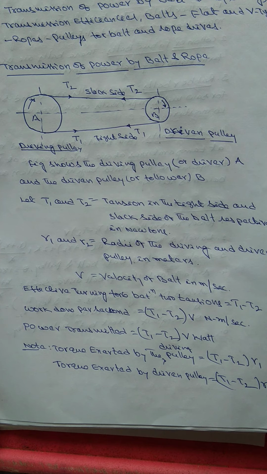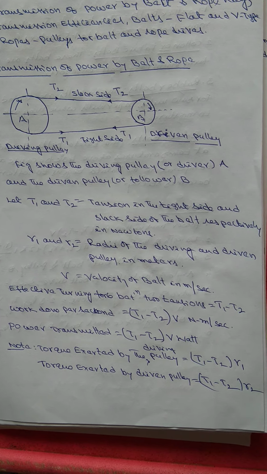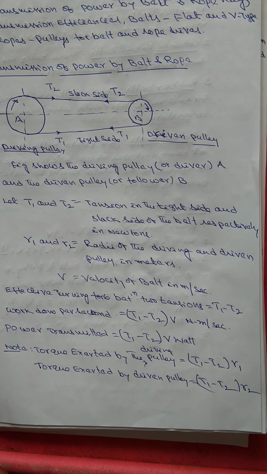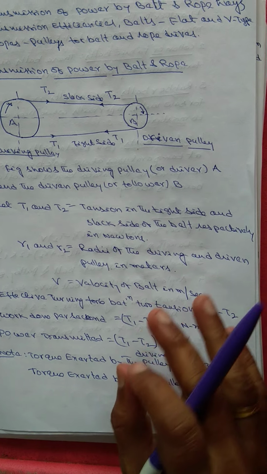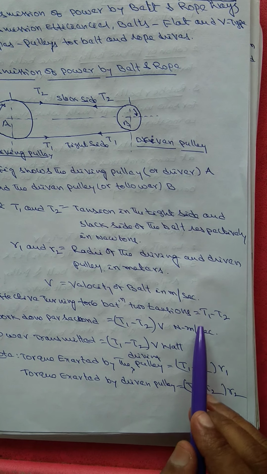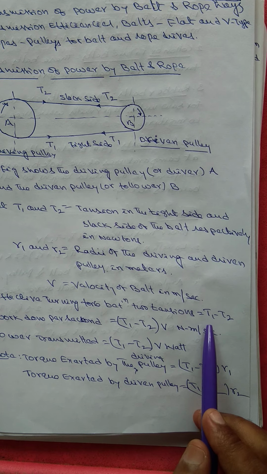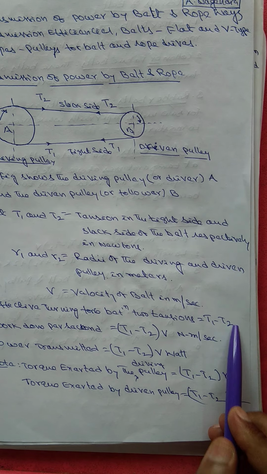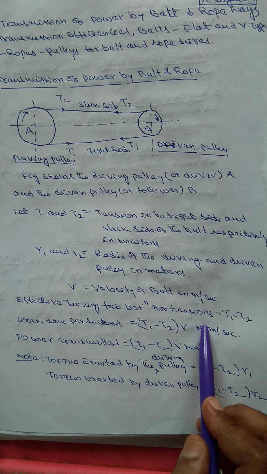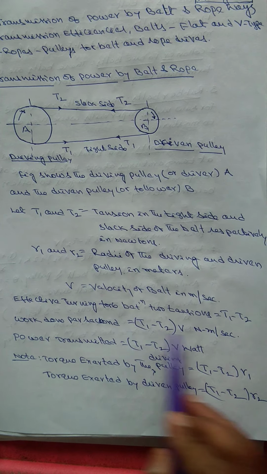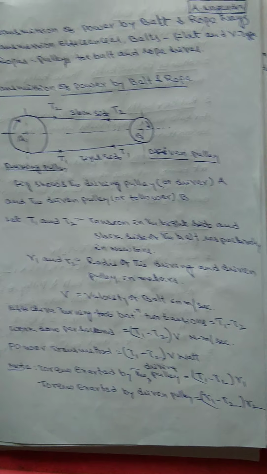V is the velocity of the belt. Now what is the effective turning force? We subtract lower from higher, that is T1 minus T2, the tension in the tight side minus the tension in the slack side. Multiplying with the velocity, we get the work done per second.